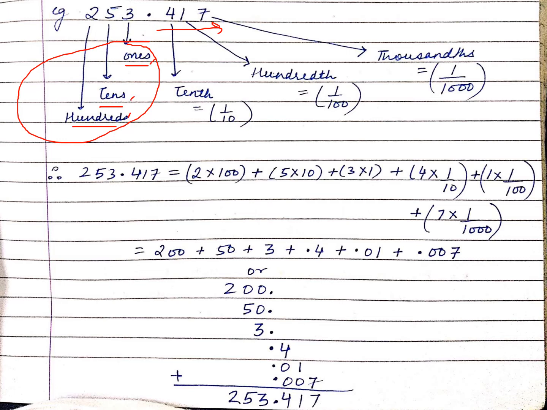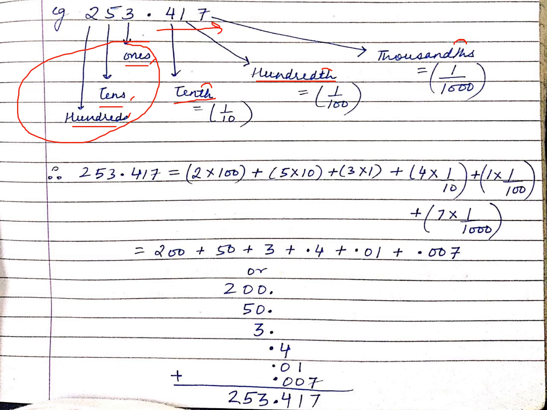This 4 is tenth, TH is coming. The next one is hundredth. This 7 is thousandth. So here we had ones, tens, hundreds, thousands, but when you move to this side, you have tenth, hundredth, thousandth, 10,000th and so on.